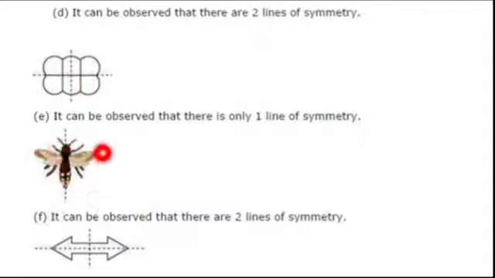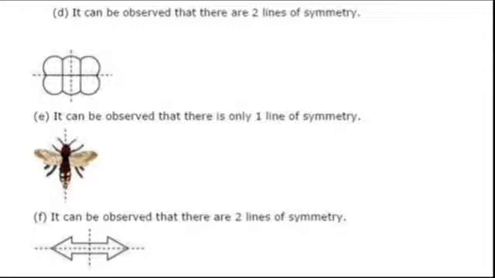The next figure is of a honeybee and a honeybee can be divided into 2 equal halves. When you draw this vertical line of symmetry, the left half of the honeybee is equal to the right half. And the last one is a short line with 2 arrows on either side.